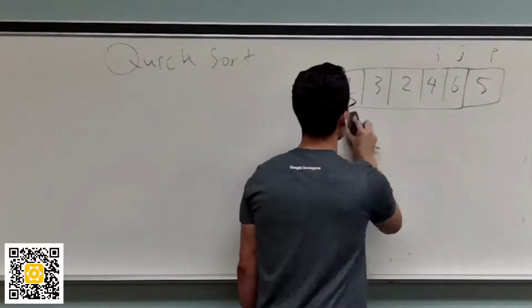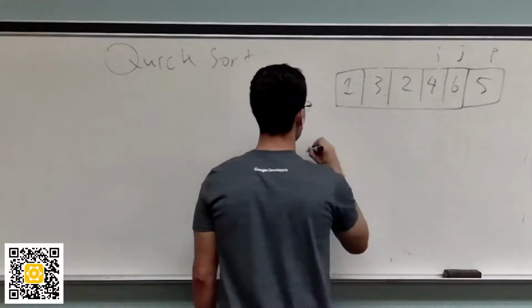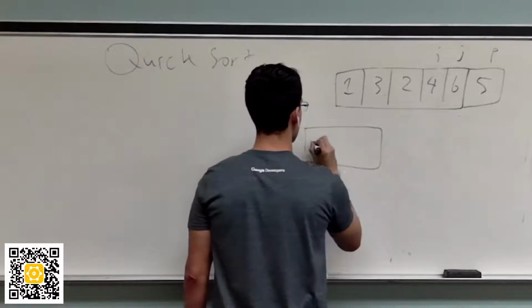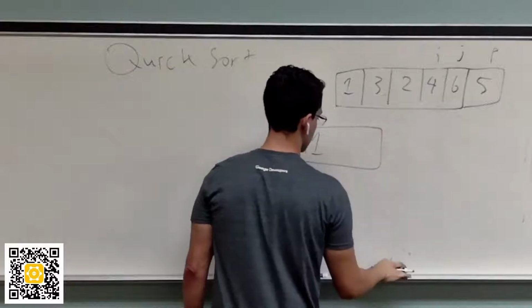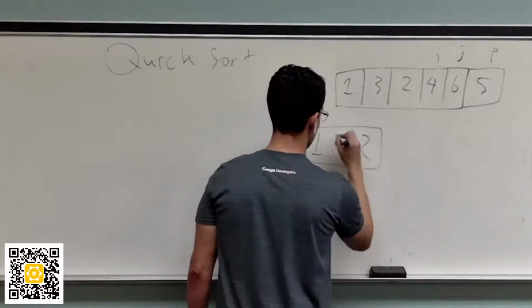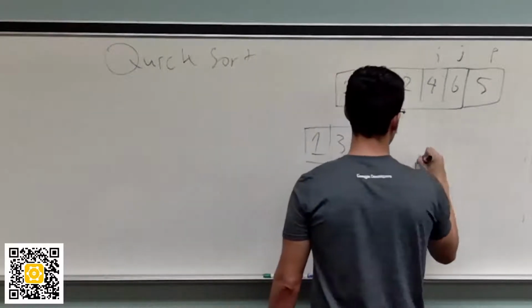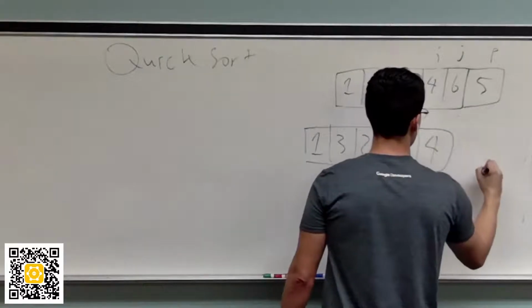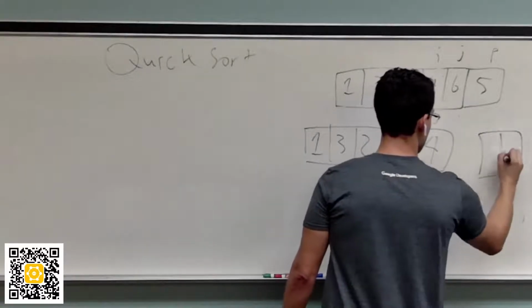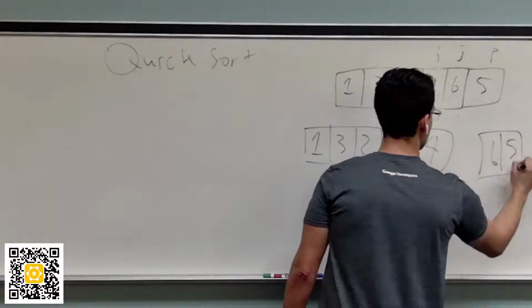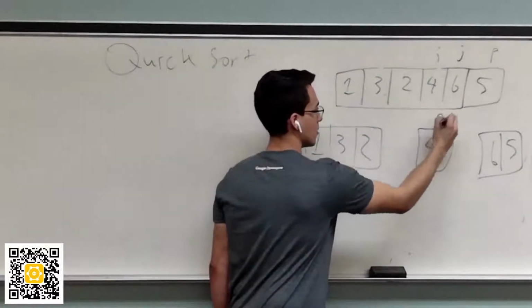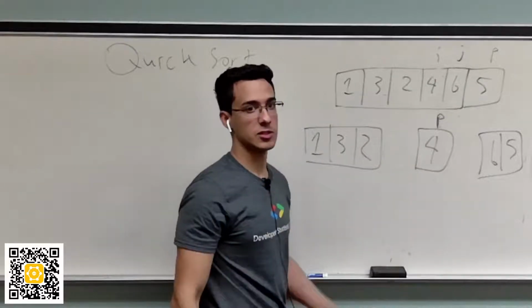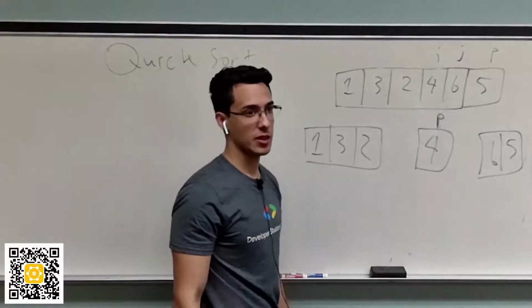So the way you break up the problem, that's unsorted. Okay, this is the pivot, and you don't do anything to that, because that's already in the spot it needs to be.